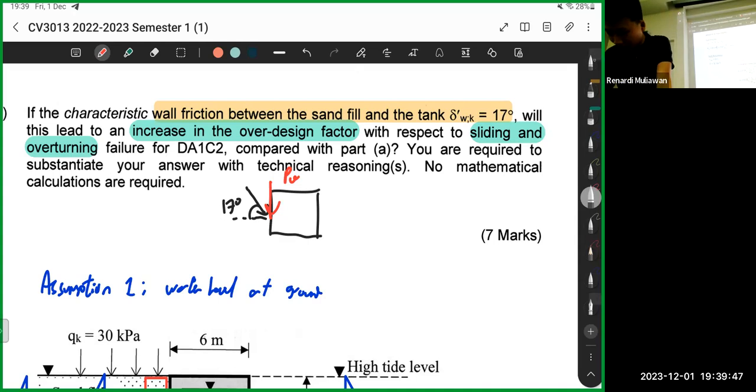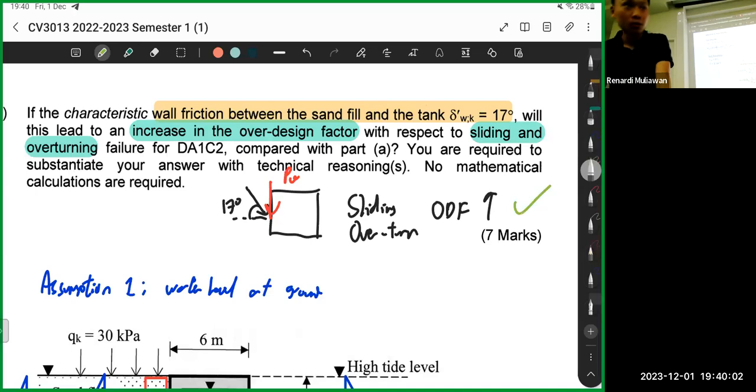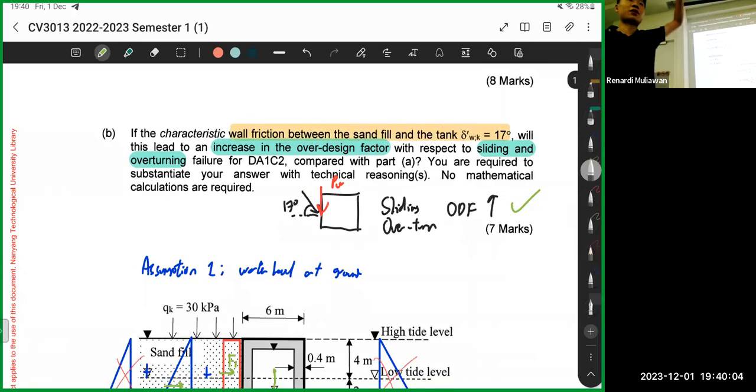So this will both help sliding and overturning. Yeah, the ODF increases. Because if you have an extra vertical force, imagine you want to overturn the thing, right? The vertical force will help it push back. That's the logic. Then for sliding, if you press it harder, then it will be harder to slide also.